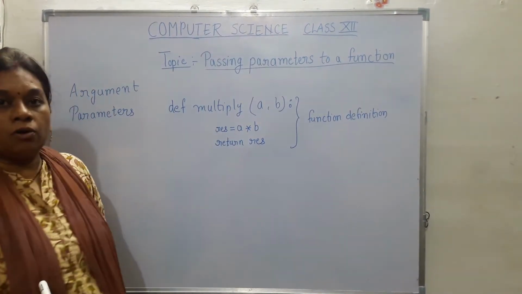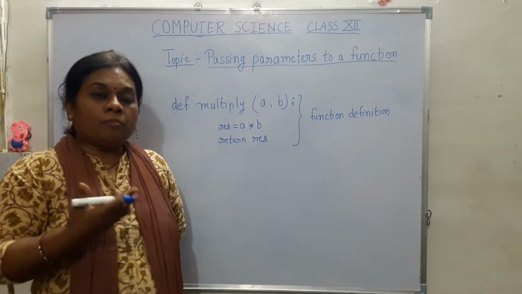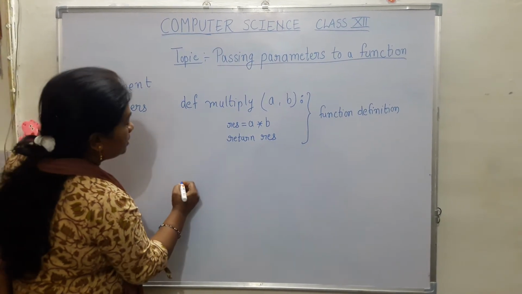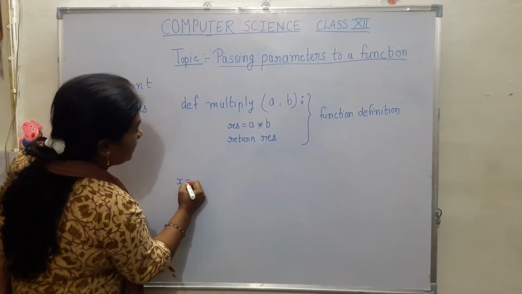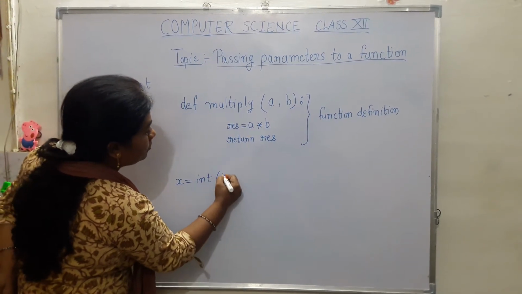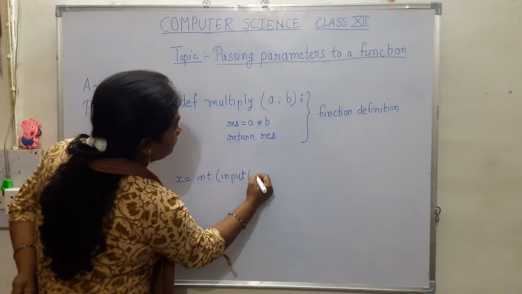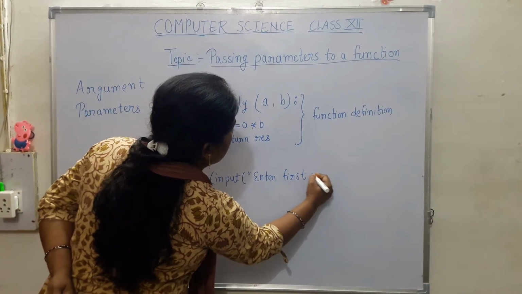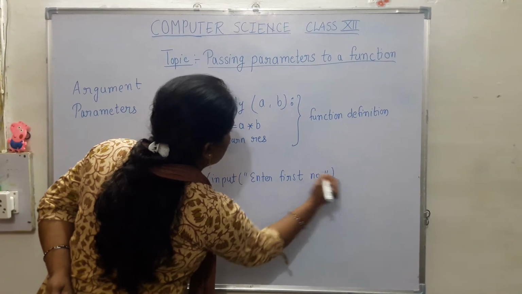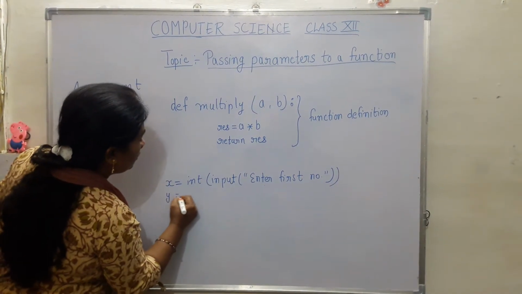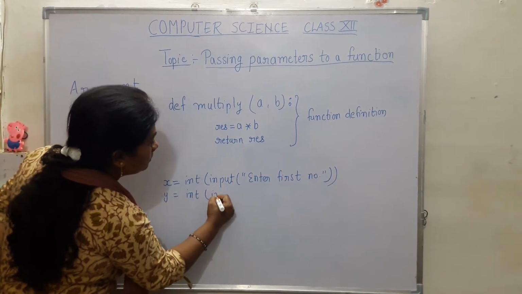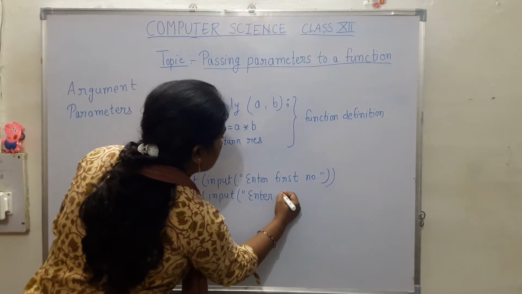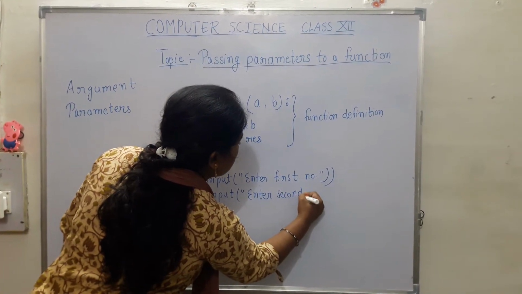This definition can be called from anywhere, from any part of the program. Suppose we want to call this function, so we provide two values. x is equal to int input, enter first number. y is equal to int input, enter second number.